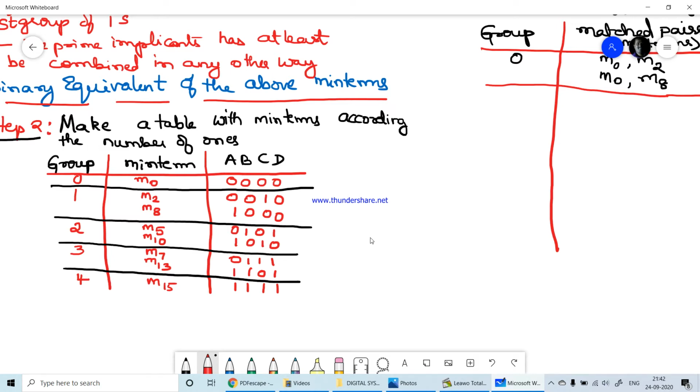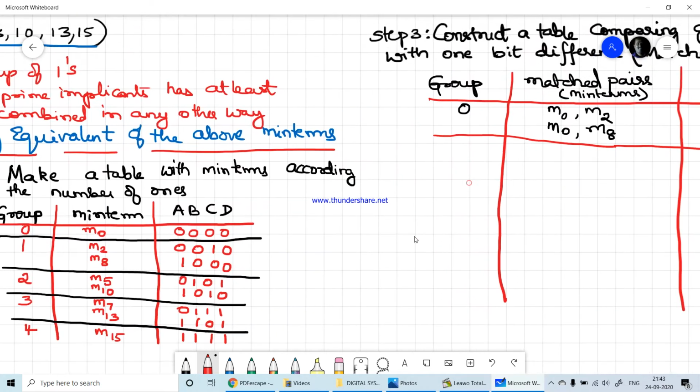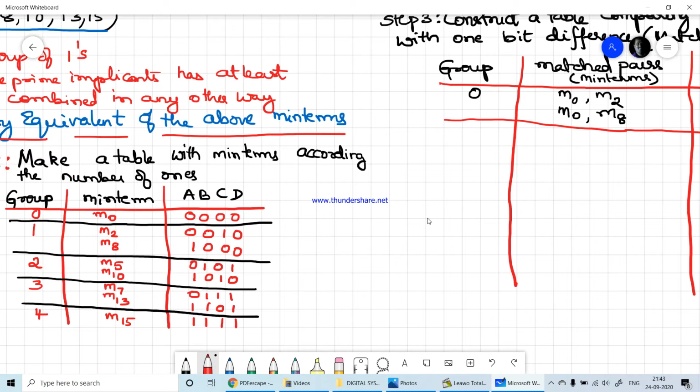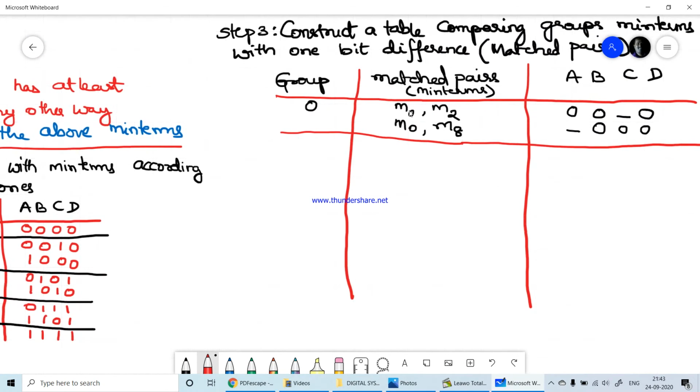That is what step 3 says. So comparing group 0 with group 1, I got only 2 matched pairs: M0 and M2, and M0 and M8.